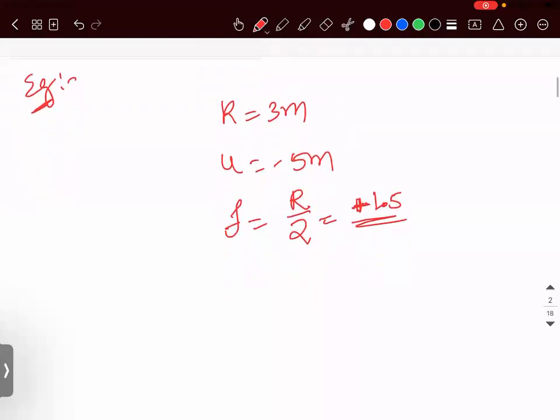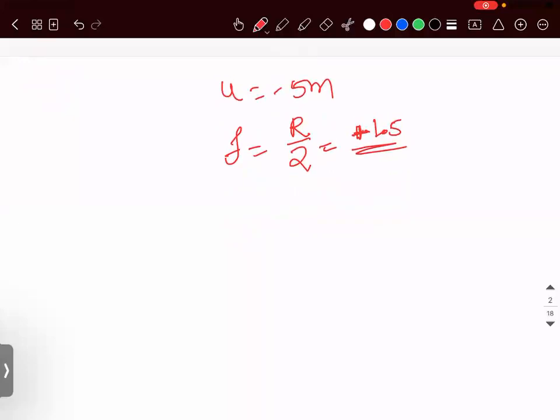So 1 by f equal to 1 by u plus 1 by v. Formula is same, formula won't change, but you need to just change the sign convention. So now you need to find out 1 by v equal to 1 by f minus 1 by u. So what is the v value finally you're getting, tell me?